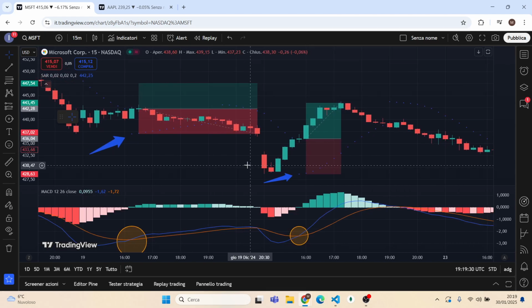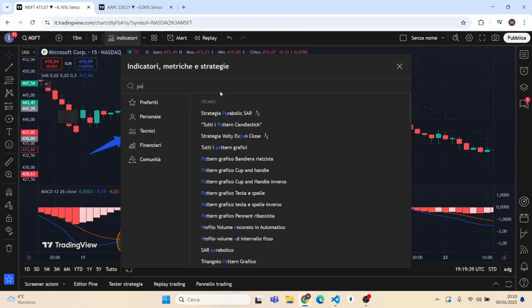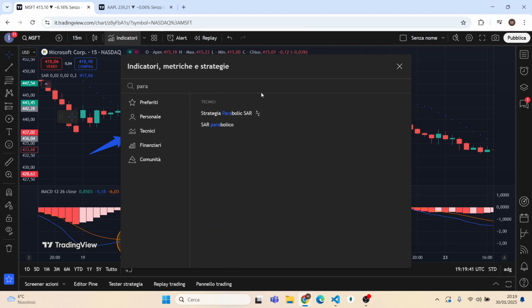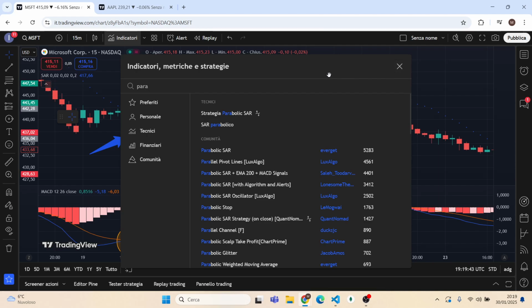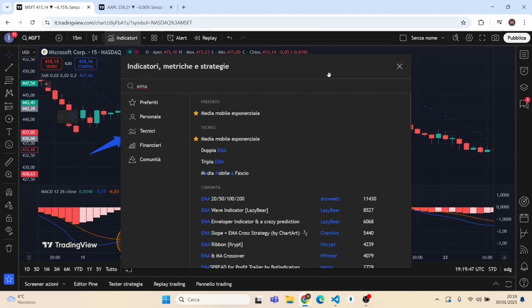Okay, the default strategy needed 3 indicators. The first one is MACD, so this one. The second one is Parabolic SAR, so it is this one, and the third one is EMA, but we will not use EMA. In fact, the first condition I removed from the strategy was EMA, because I found that EMA reduced the number of trades and also the average success rate.